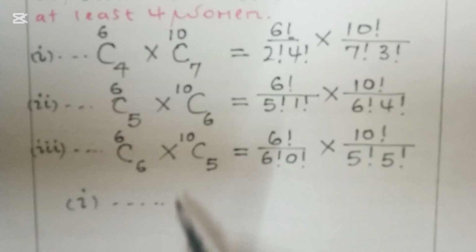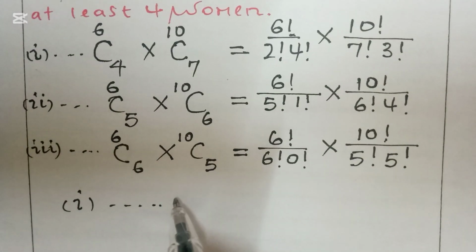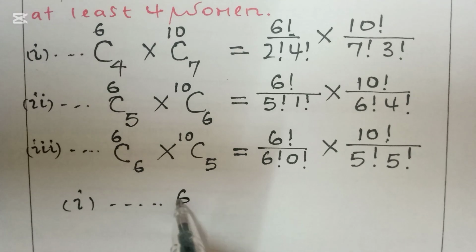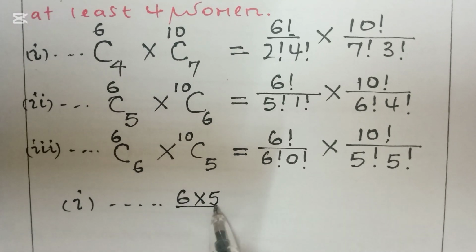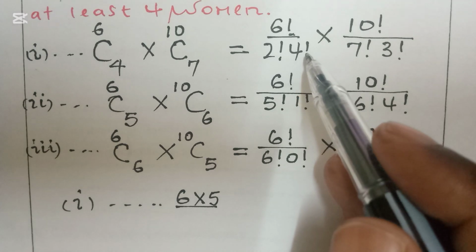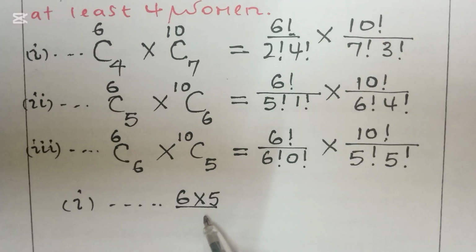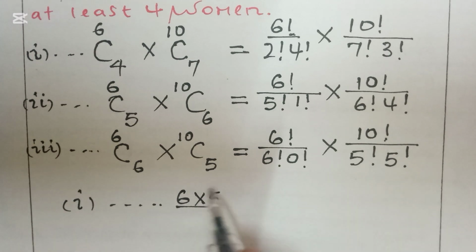This, guys, is going to give us 6 times 5 all over, now because of 4 factorial, guys, we may not write 4 because the 4 factorial will cancel, so I can write now 2.